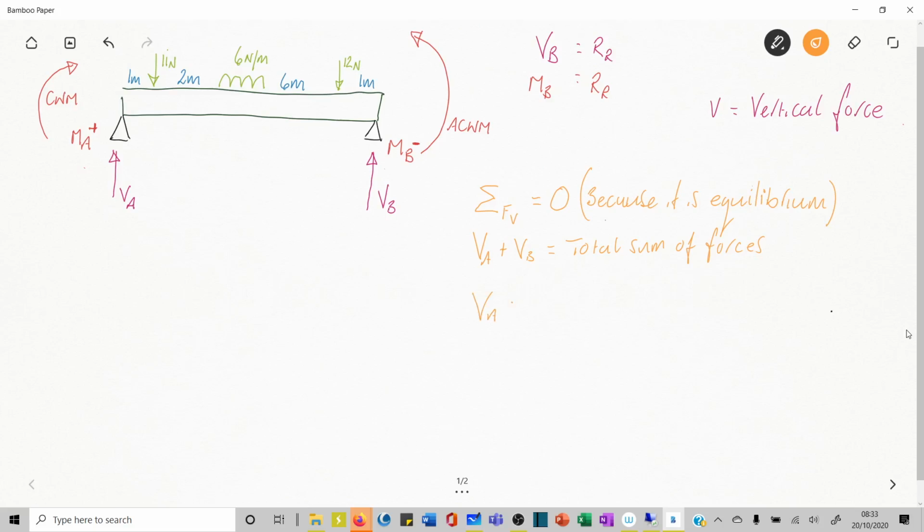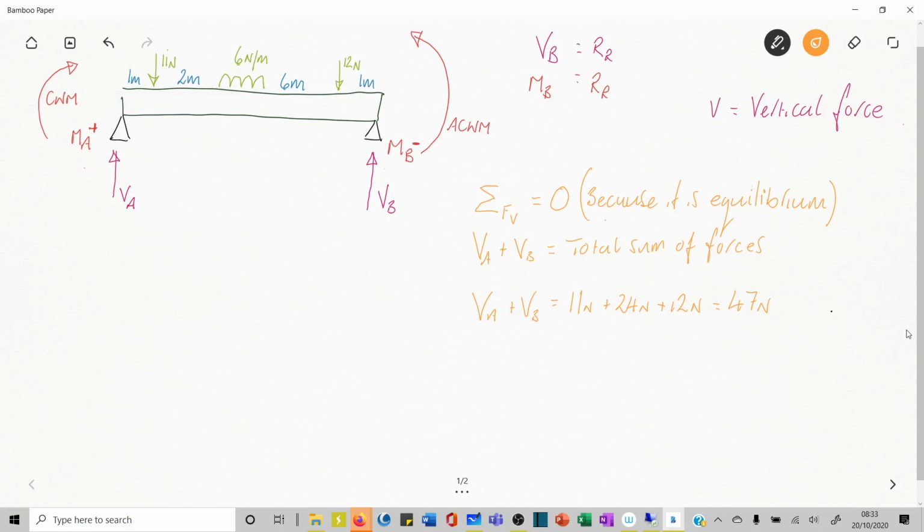VA plus VB equals 11 newtons plus 24 newtons plus 12 newtons, and that would equal 47 newtons, the total sum of forces.